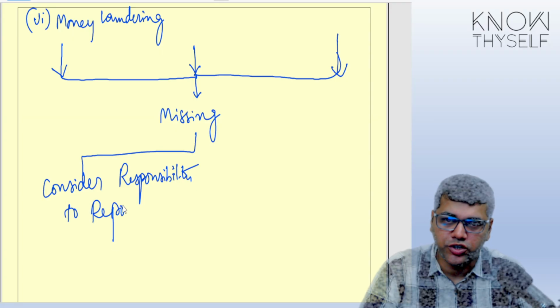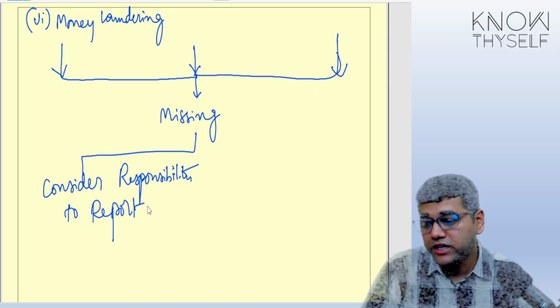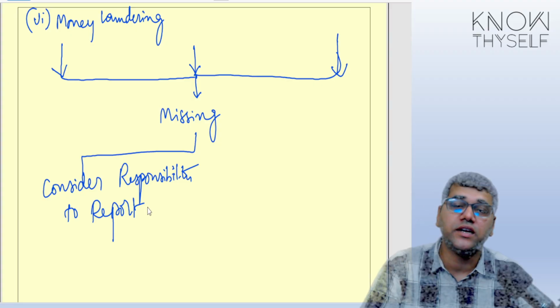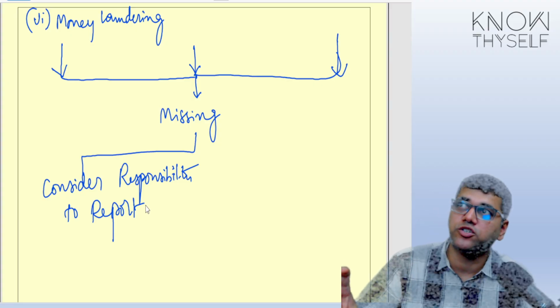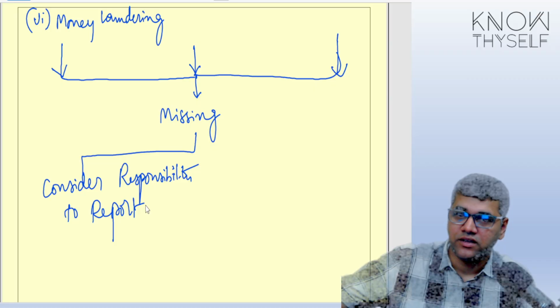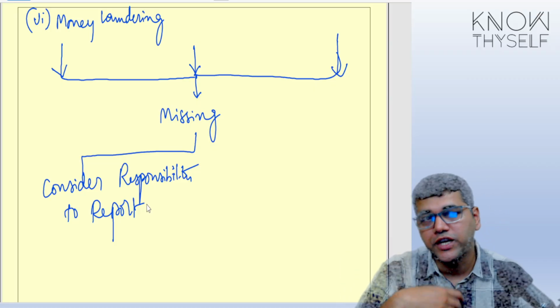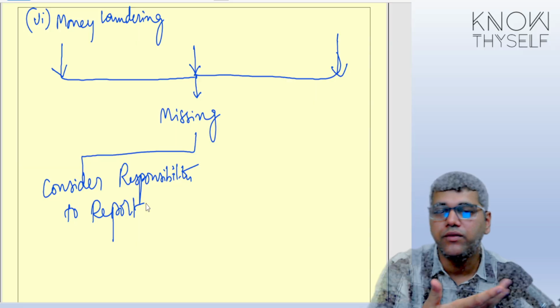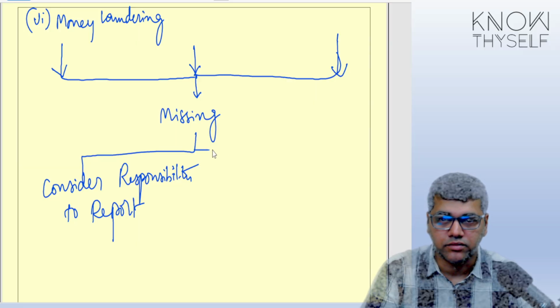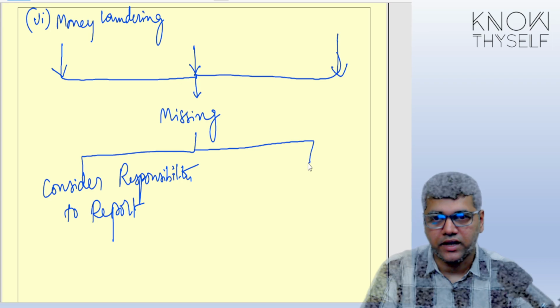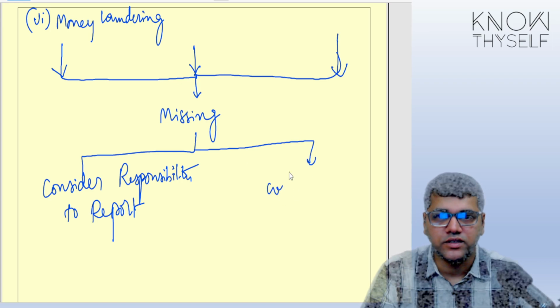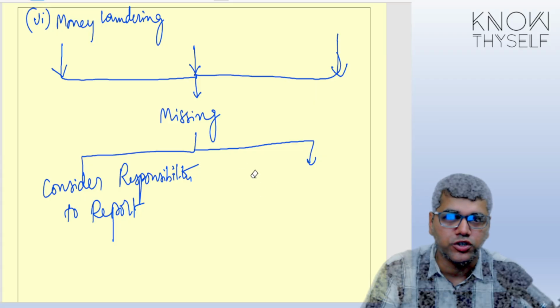That means you need to consider your professional and legal responsibility. Professional responsibility is to communicate to the ICAI. Regulatory requirement is to communicate to RBI, SEBI, or whichever authority is the regulator. And two, consider withdrawal. So there are two considerations you need to make.